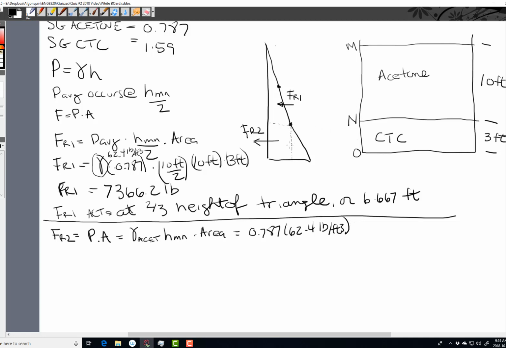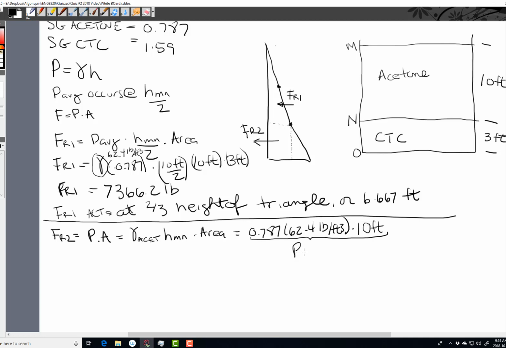We assume constant pressure all the way down. That times 10 feet, and this right here is your average pressure.